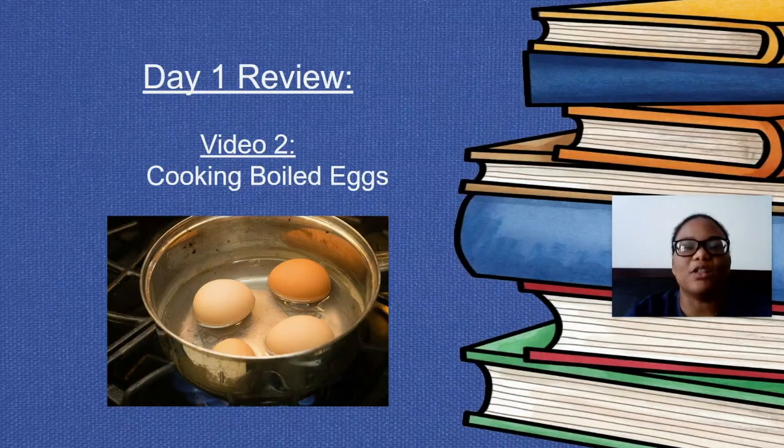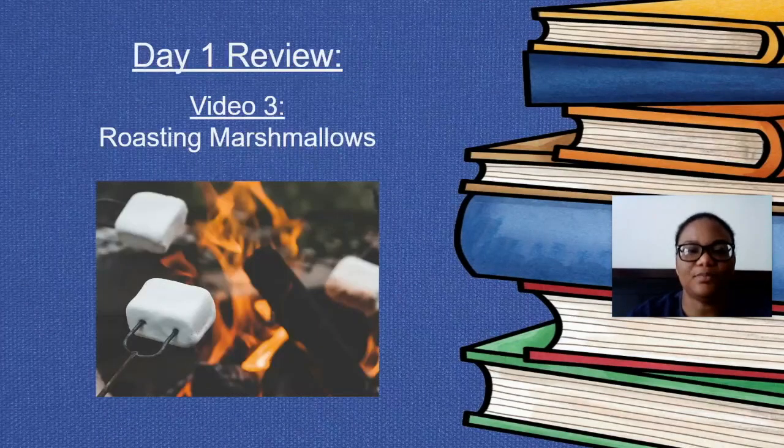The boiling water moved heat through and around the eggs, but it also showed conduction, transfer from the hot plate to the pot, and then convection allowed the heat to transfer from the boiling water into the eggs. Video 3, which was roasting marshmallows, showed how marshmallows can be roasted using radiation. Fire gives off infrared radiation that helps to roast our marshmallows and make them good for s'mores.